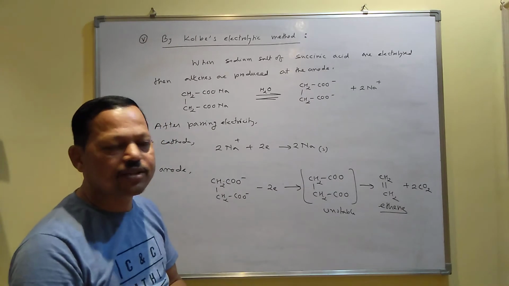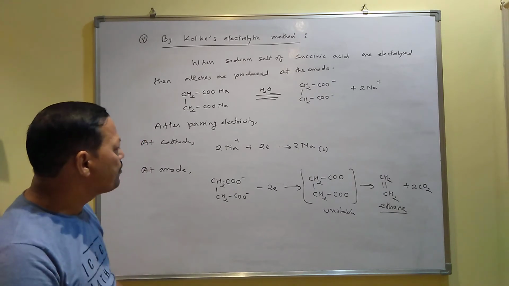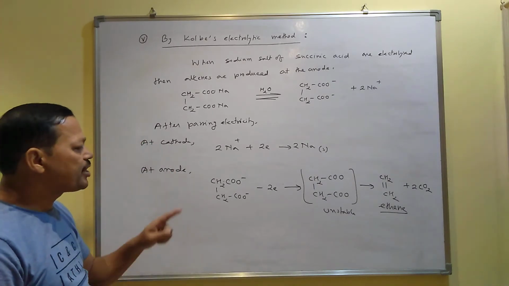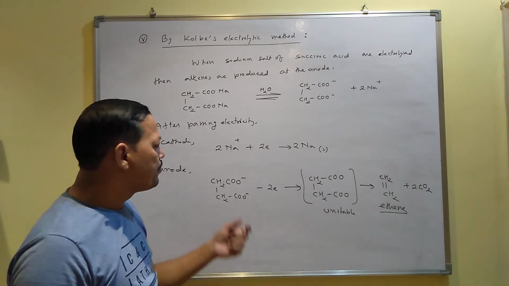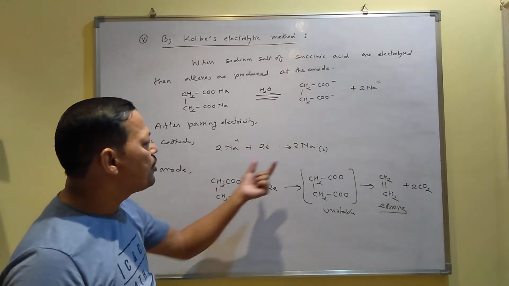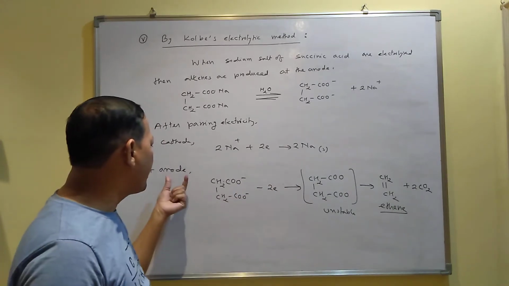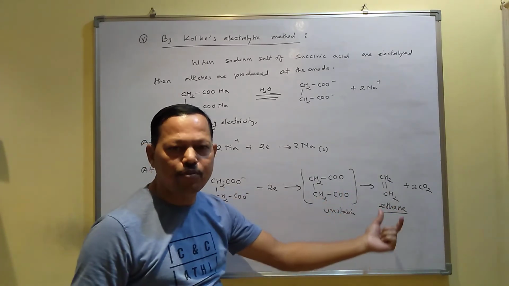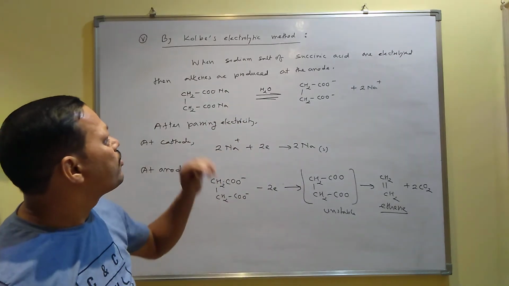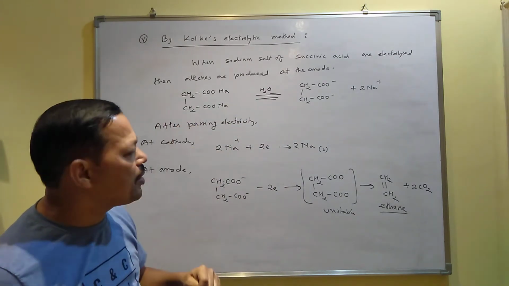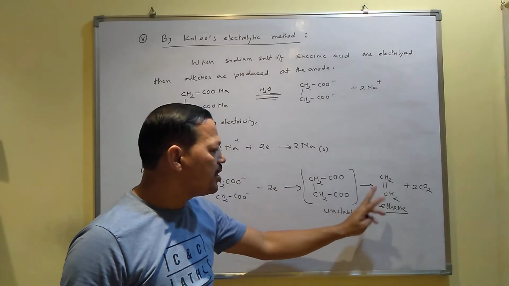At the cathode reduction takes place, and at the anode oxidation takes place due to loss of electrons. In this way, at the cathode you will get sodium metal as the product, and at the anode you will get ethene. So by applying this electrolytic method, you can prepare ethene.